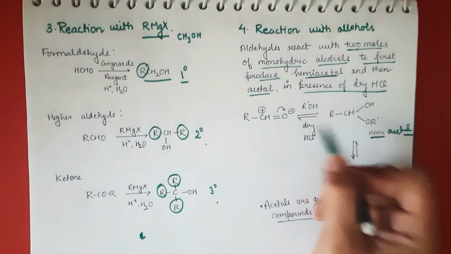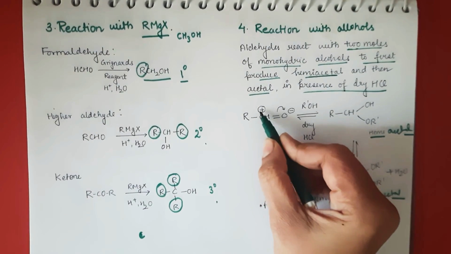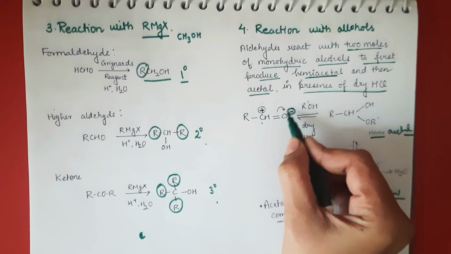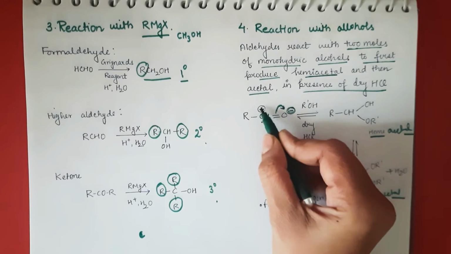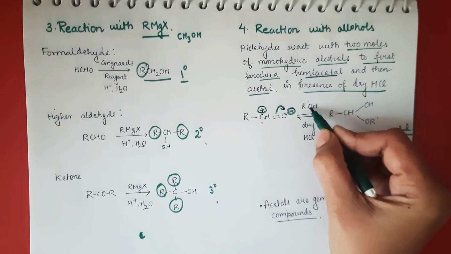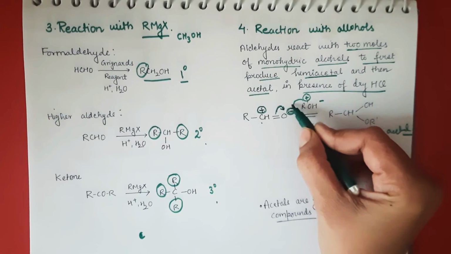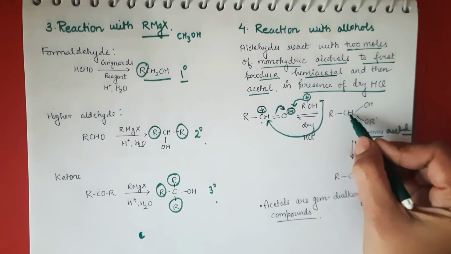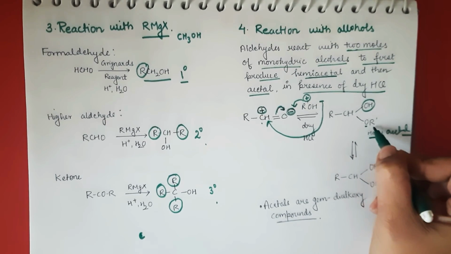You have to remember that here the carbonyl carbon has positive charge and oxygen bears negative charge, because oxygen is more electronegative, it pulls the electrons toward itself. Then in ROH, OH is negative, R is positive, so this will attack here and the OH will go towards the carbon. So carbon forms a bond with this OH, and O forms a bond with R dash.